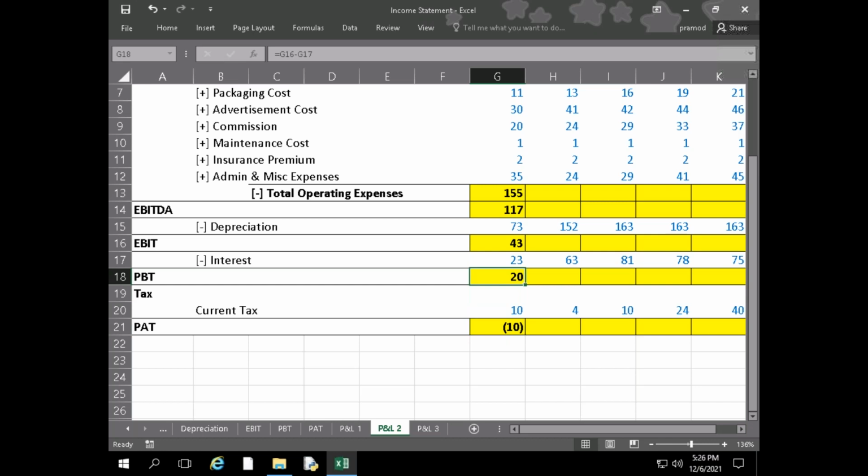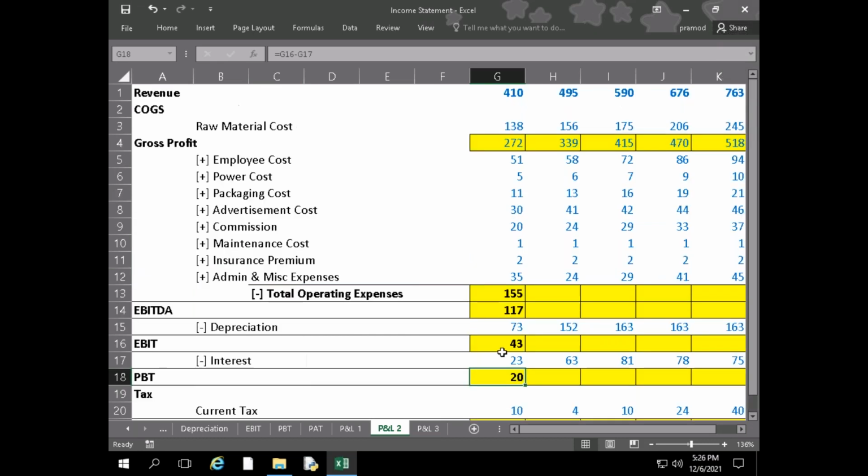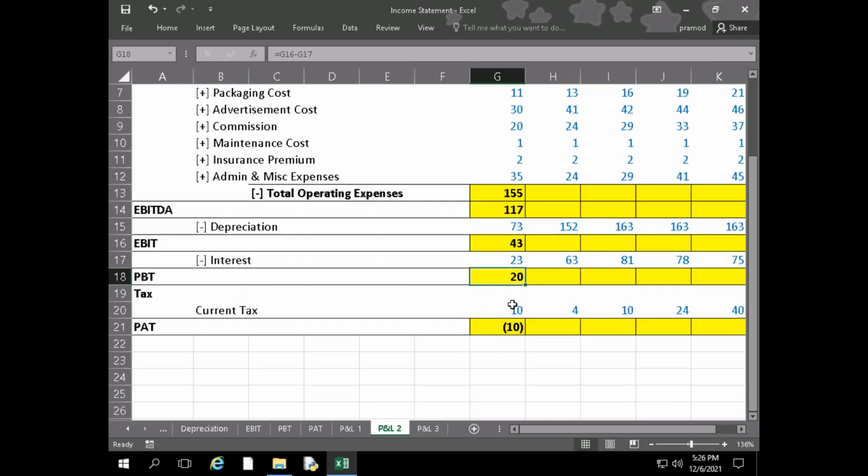PAT, no, they have given here. So see, if you minus interest from EBIT, you have PBT. This is nothing but the minus of this. 2 will not come. That's it. So this minus 10.